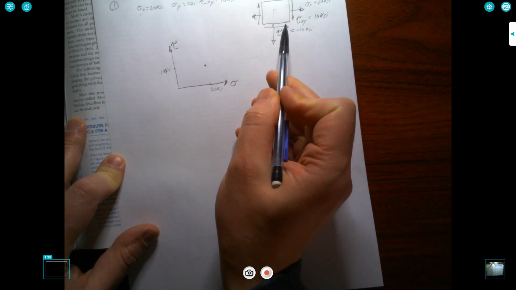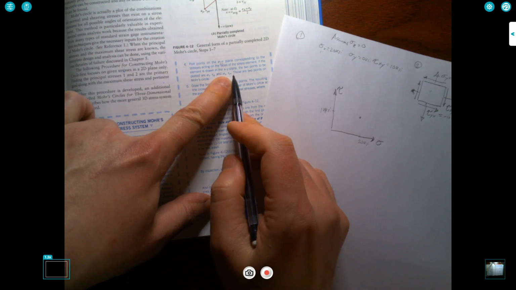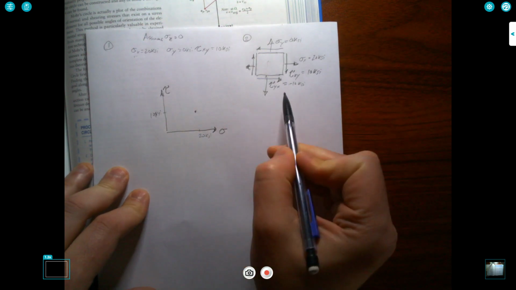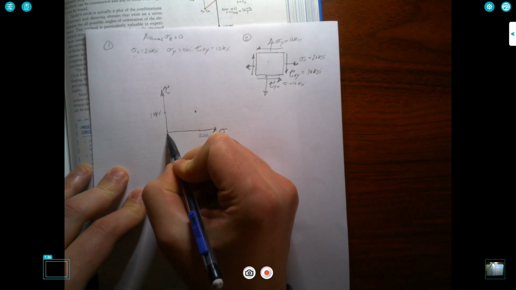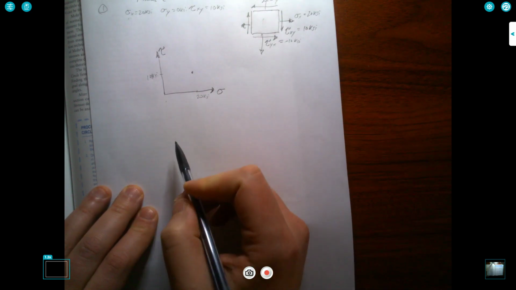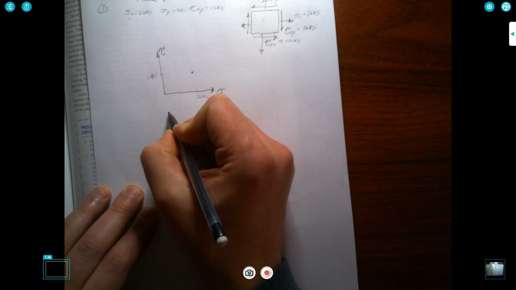Then we want to do, as it says, sigma y, tau yx. Sigma y in this case is 0, so it's going to be along our shear axis here, and it's going to be negative 10 KSI for tau yx. Let's put it around here.